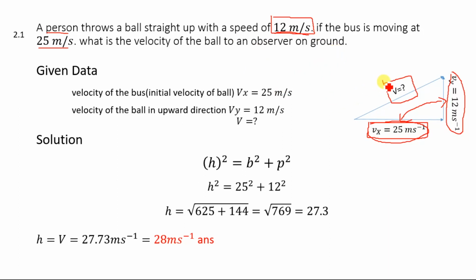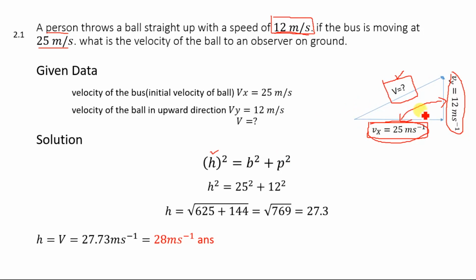Now for calculating the magnitude of the velocity, we are going to use the Pythagorean theorem. According to the Pythagorean theorem, the hypotenuse whole square is equal to base square plus perpendicular square.